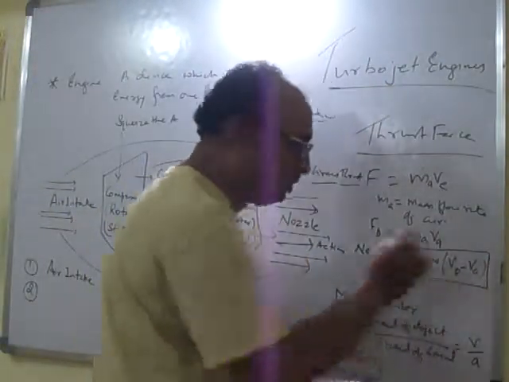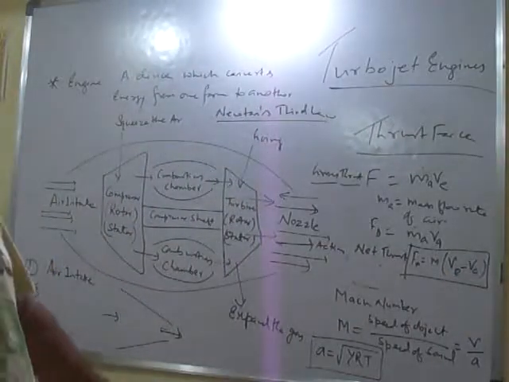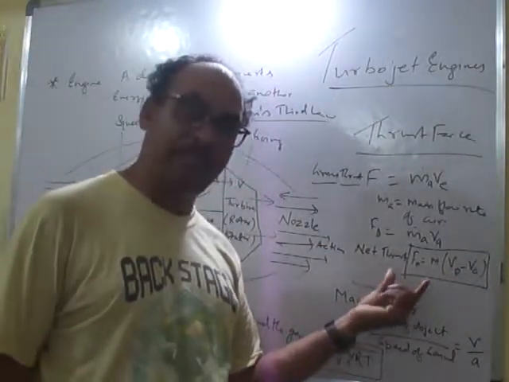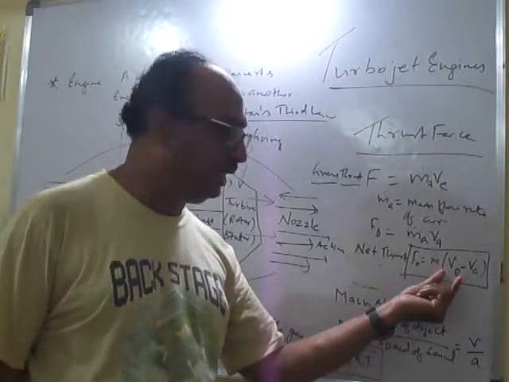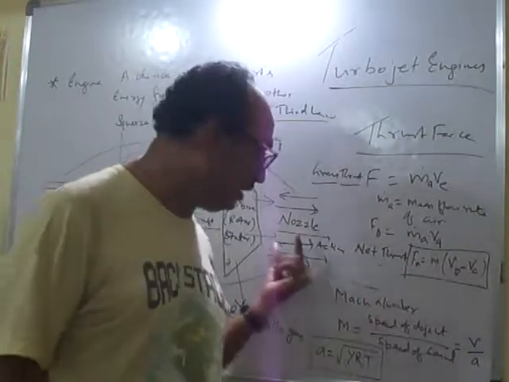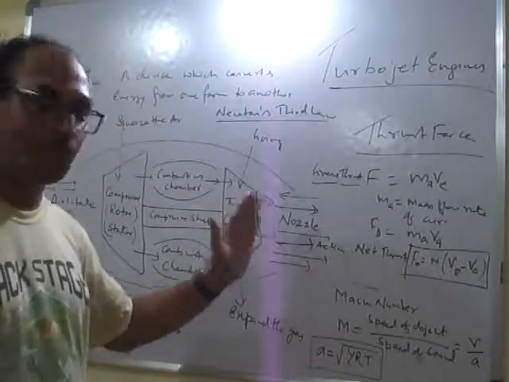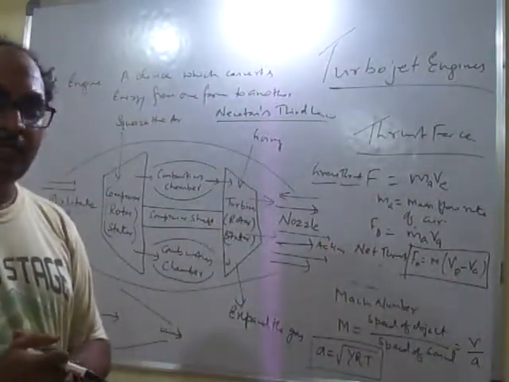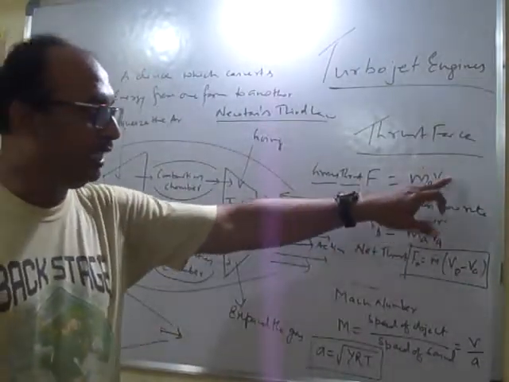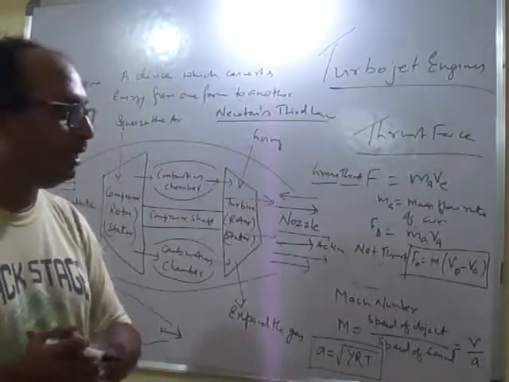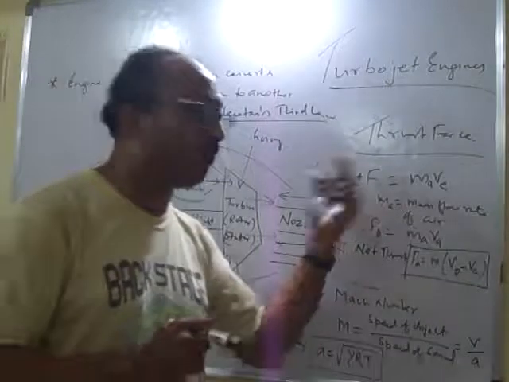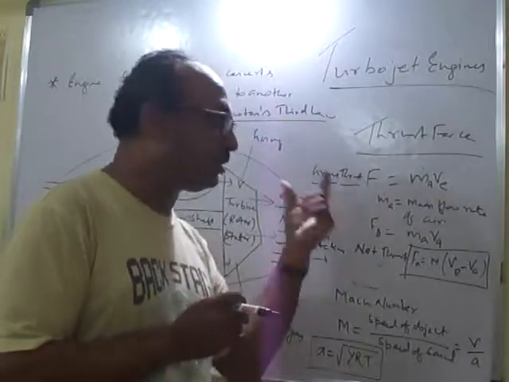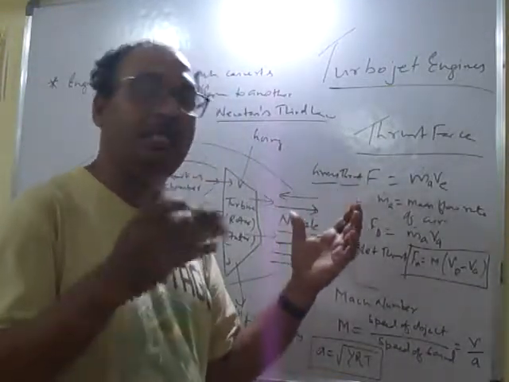And what we have observed here is that this thrust force can be increased if we are in a position to increase the velocity of the hot exhaust gases through the nozzle. So either we have to increase the velocity of the exhaust gases or we can increase the mass flow rate of air. This is the principle of thrust.